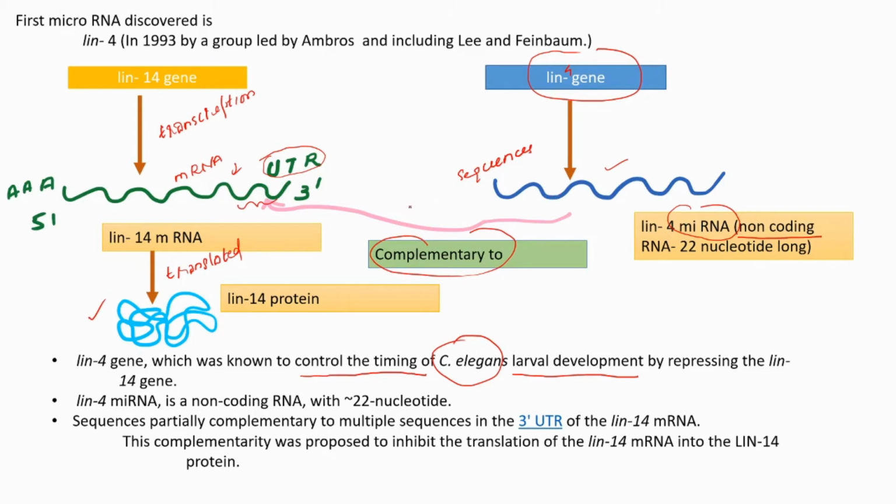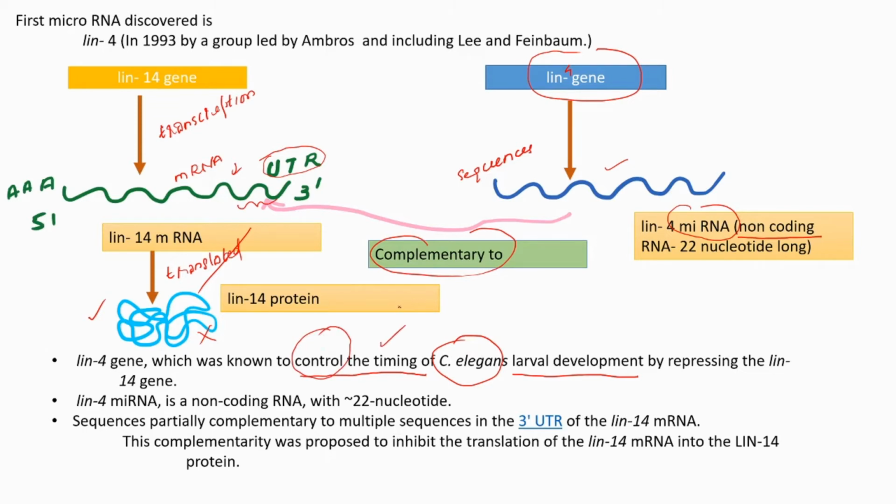So, what will be the result? This miRNA can go and bind with this mRNA and can prevent its further translation and block the formation of this protein. And in that way, it can control the larval development timing.